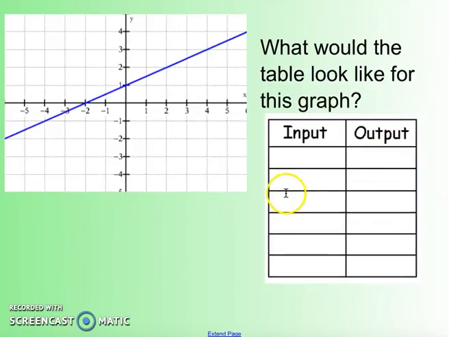How about this one? If I wanted to, let's say, plug in 4, what would my answer be? Well, if I plug in 4, I spit out 3. Nice job. What if I put in -2? What would my answer be? 0. Good, because it really doesn't move.